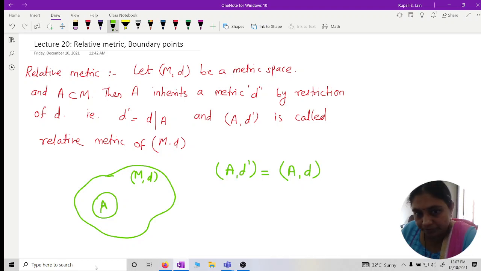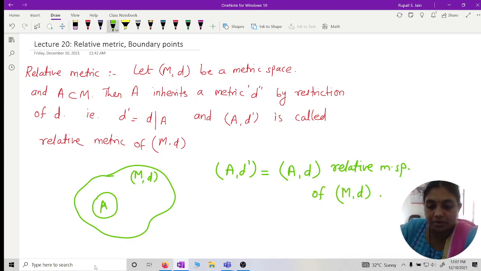So this is called a relative metric space of the original metric space (M, D). Is that okay?